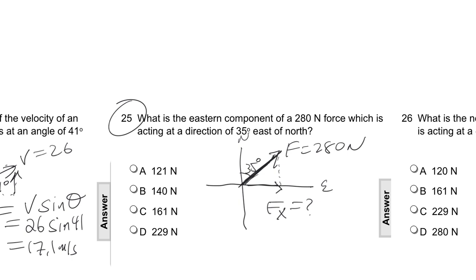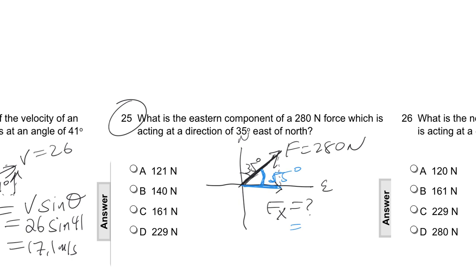Now be careful, because I don't want the angle from the y-axis, I want it from the x-axis. So it's complementary to the angle from the y-axis. So you go 90 minus 35. The complement is 55. So now you can kick in Fx is equal to the adjacent side.